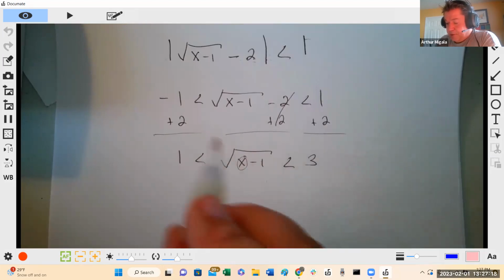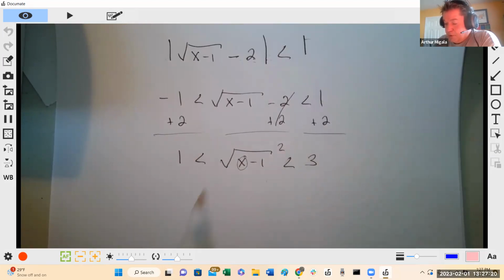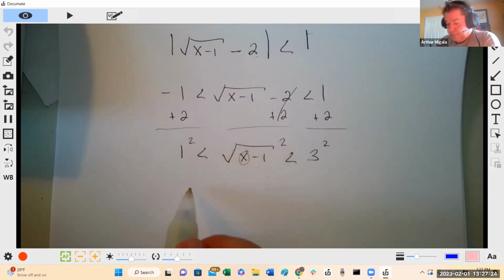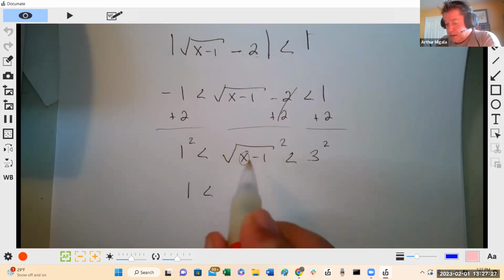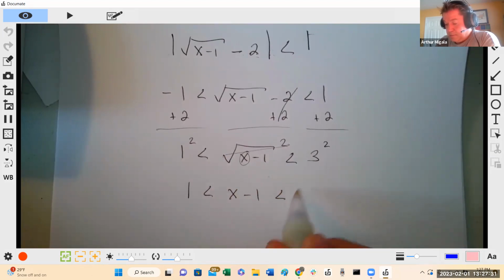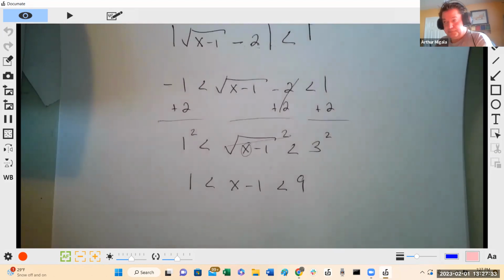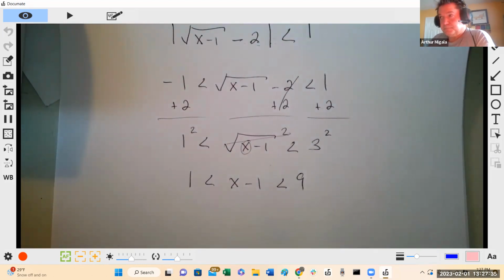To get rid of the radical, we have to square it. So we square both sides. Those cancel. 3 squared is 9. Get the x by itself. Add 1.